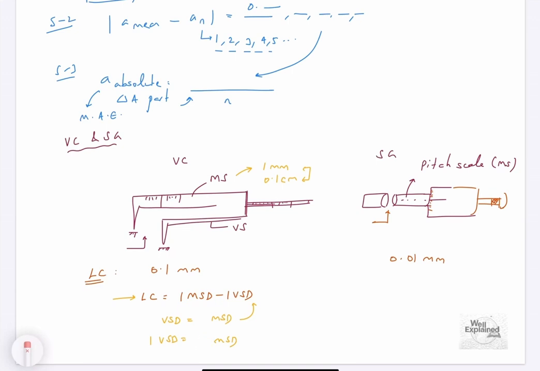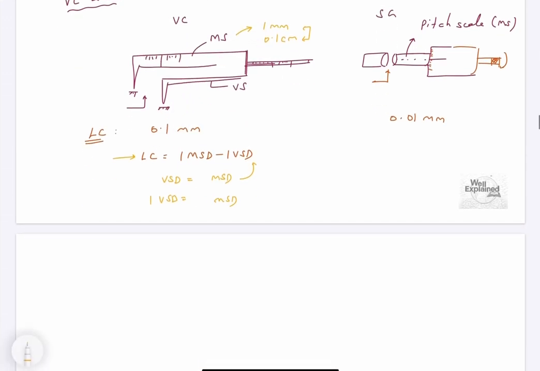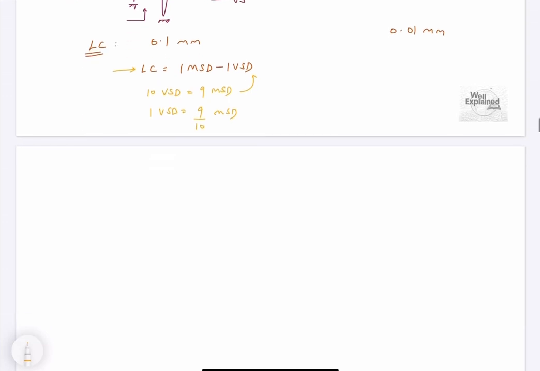Or usually they don't give it to you in this way. Always the value of the MSD is less than that of the VSD, the divisions. So it's 9 by 10, because if it's 10 by 9, then you'll get a negative value of least count, right? Just for that. And so now you just substitute in the value.